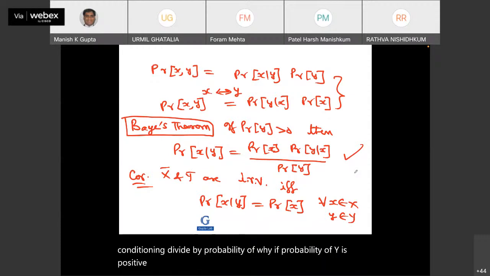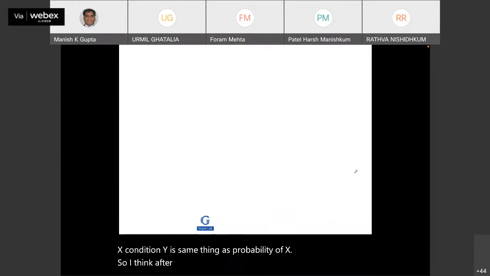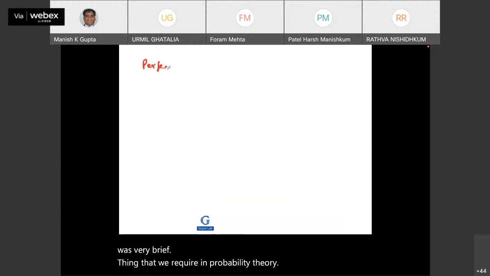And X and Y are independent random variables if and only if Pr(x|y) is the same thing as Pr(x). So I think after this, we are ready to talk about perfect secrecy. This was a very brief treatment of what we require in probability theory. Perfect secrecy.